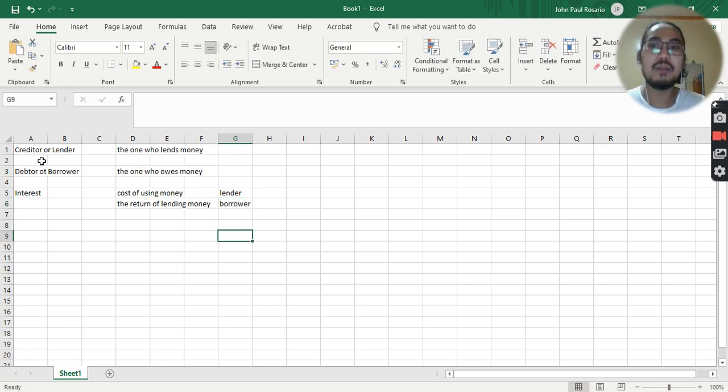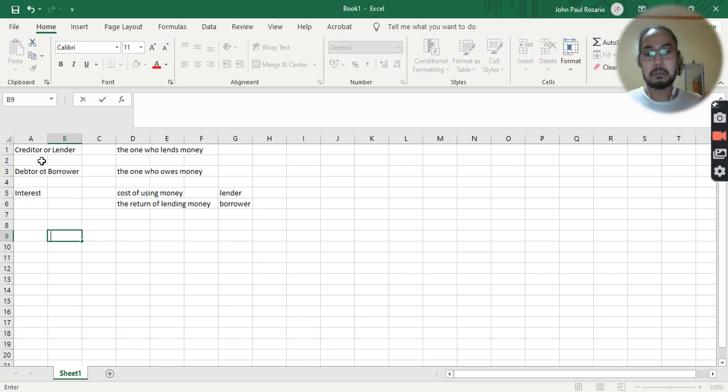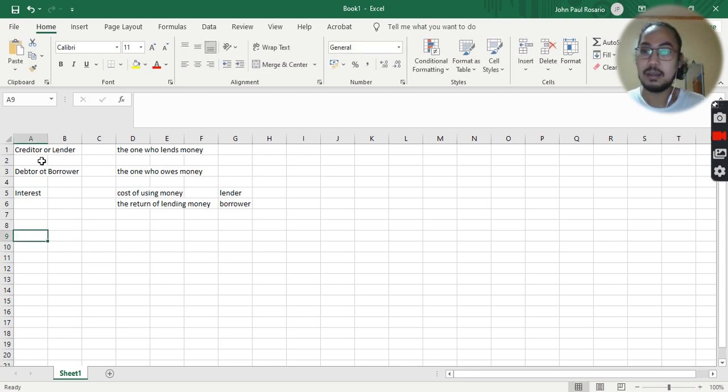So when it comes to computing interest, we have two ways of computing interest. The first one is simple interest, and the second one is compound interest.